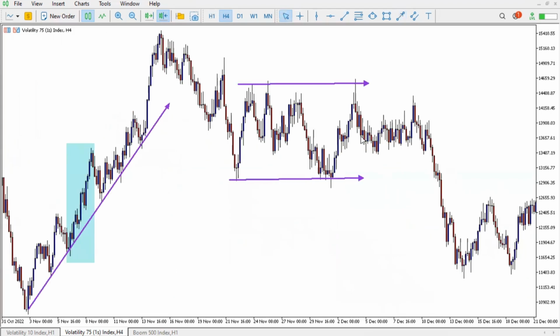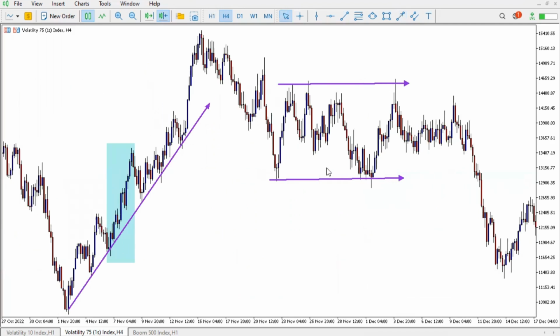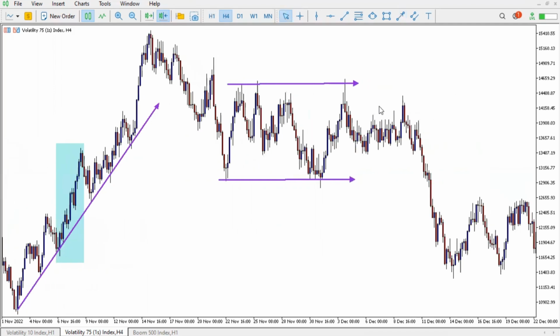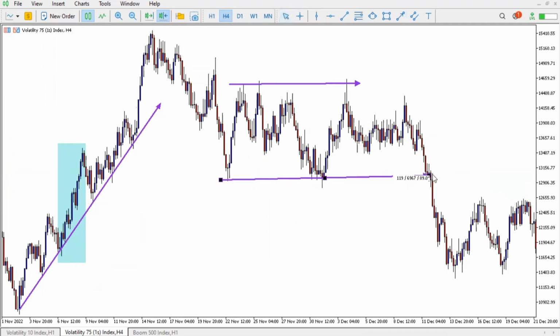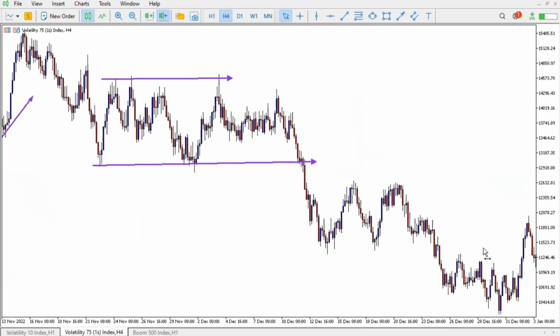I try to reduce the zoom so that you can see it more clearly. So this is the market I just drew. This is a sideways market. And what did you see? When the sideways market was done, the market just moved down to break it. The market broke it at this level, broke it downwards, and it continued selling.